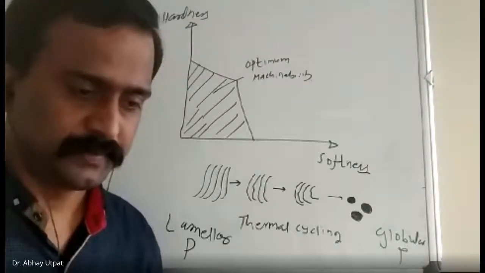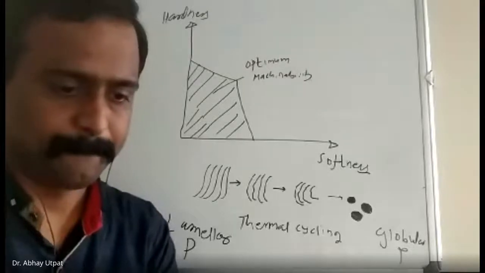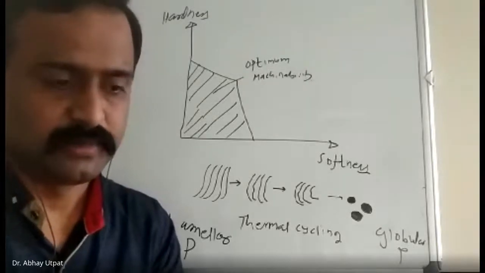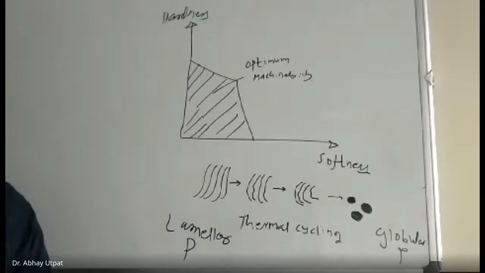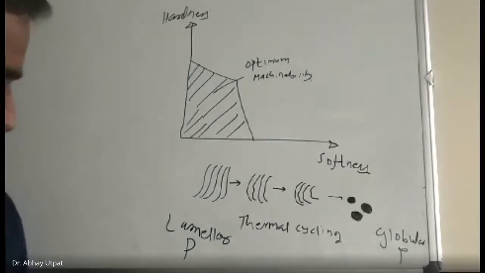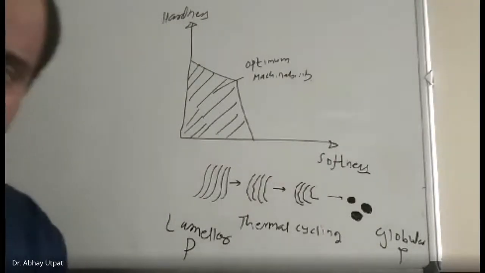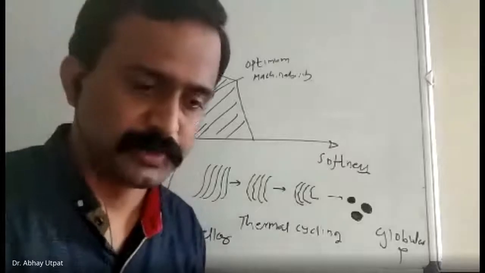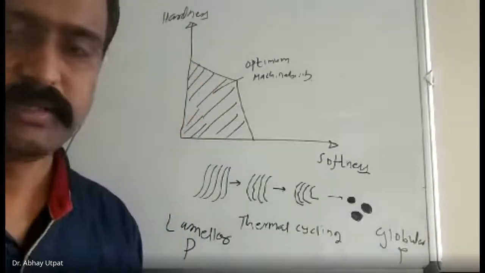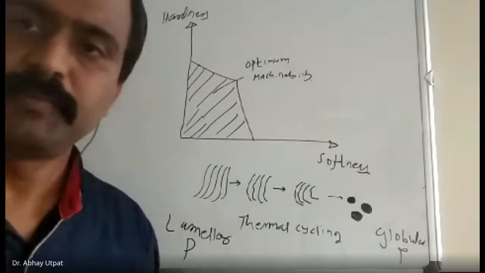That's why alloy steels and high carbon steels are spheroidized before marketing.